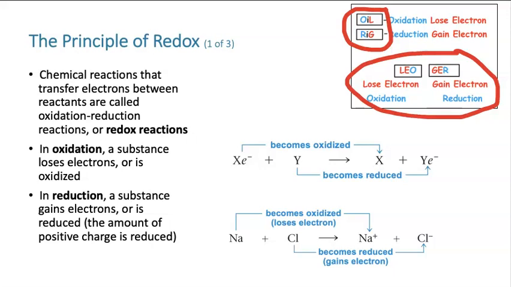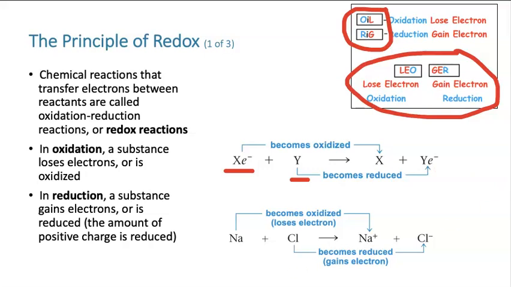So here we see an oxidation. Oxidation is loss, right? This is going to lose its electron. It's going to become oxidized. Reduction is gain. Here, this is going to gain the electron, so it's going to become reduced.